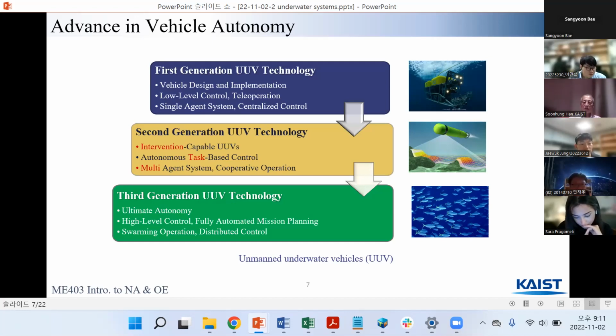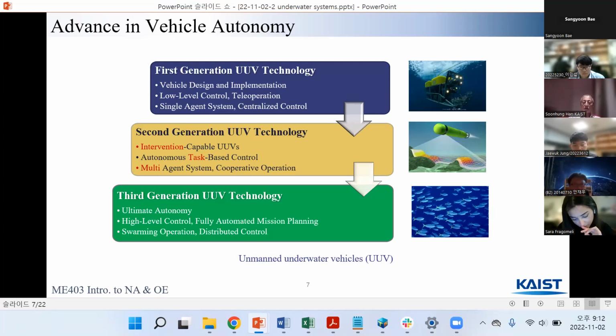So a task is given, but also small controls are there. And the agent is a multi-agent system, where several systems are operated by one person. So it can be a cooperative operation with humans and also among agents.